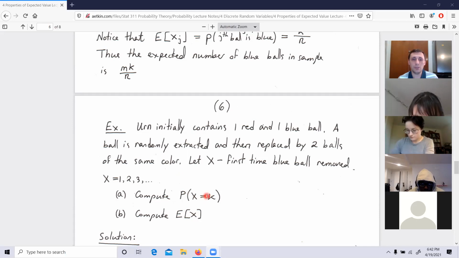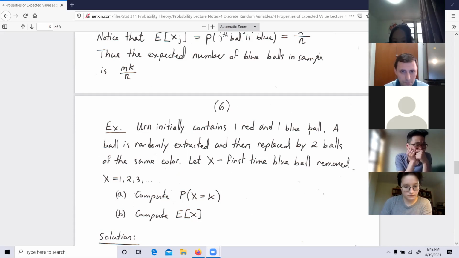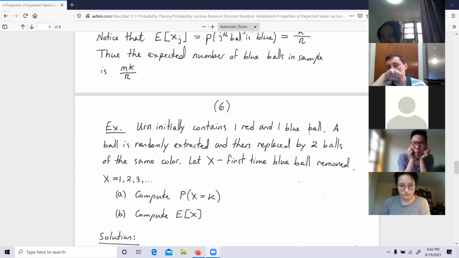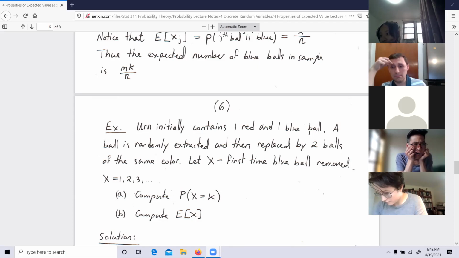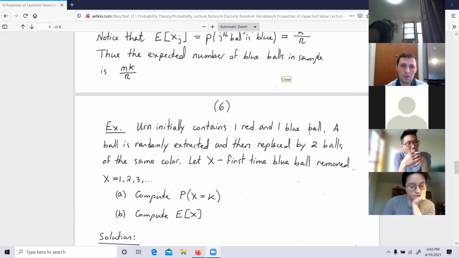What's the probability that X is equal to k? In other words, what's the probability that the first time I remove the blue ball is on the k-th trial?